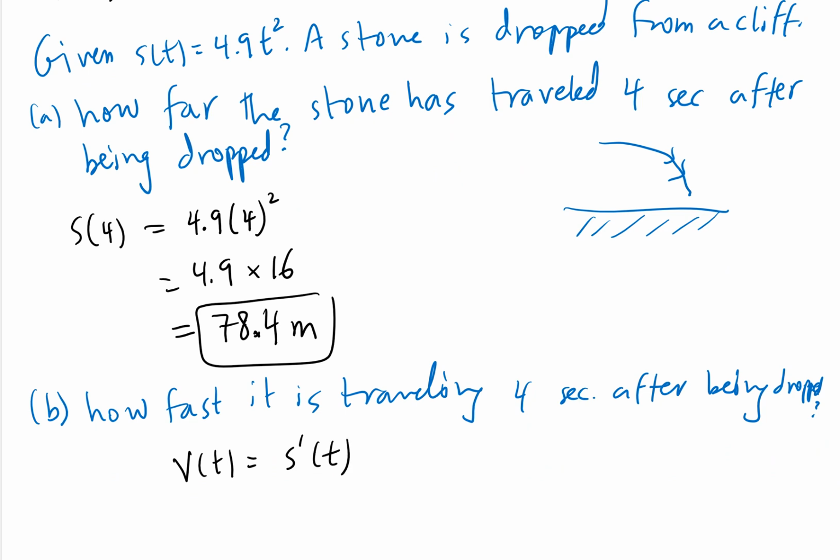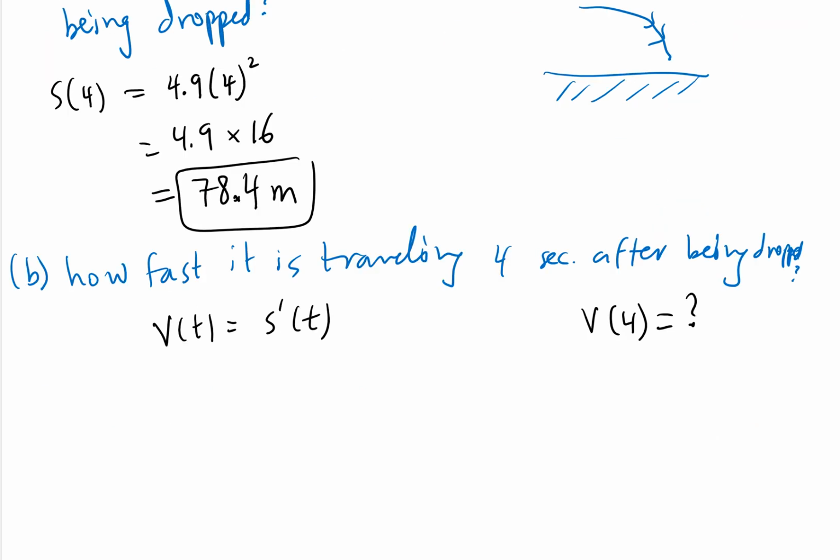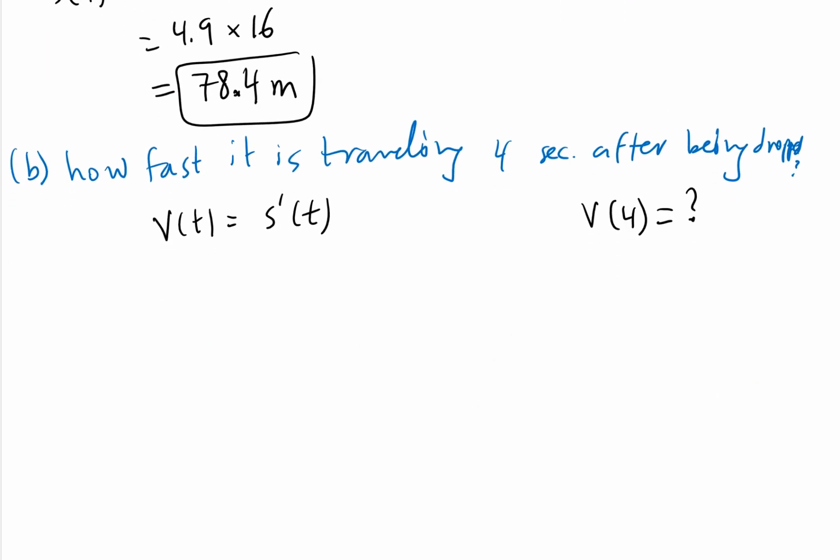We define v of t to be the derivative of s of t. And we are asked to find v of 4. I will add another part to it: find the acceleration after 4 seconds.